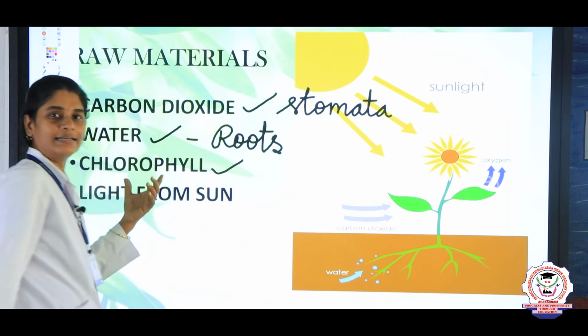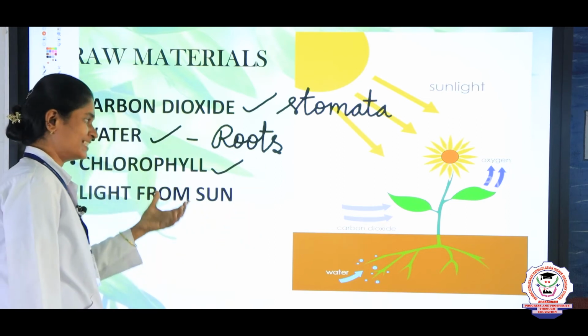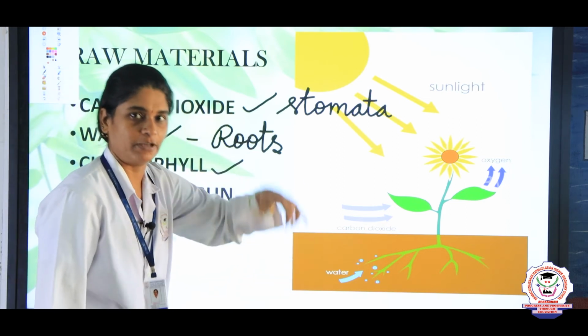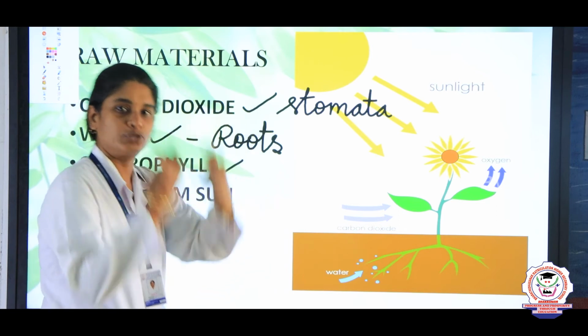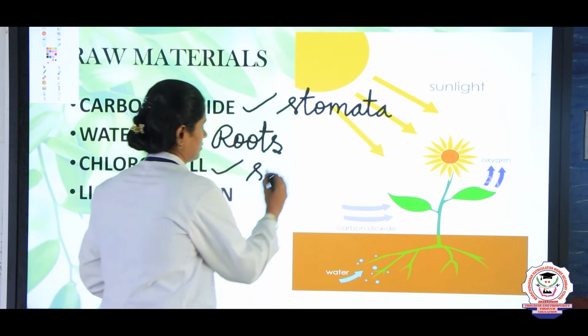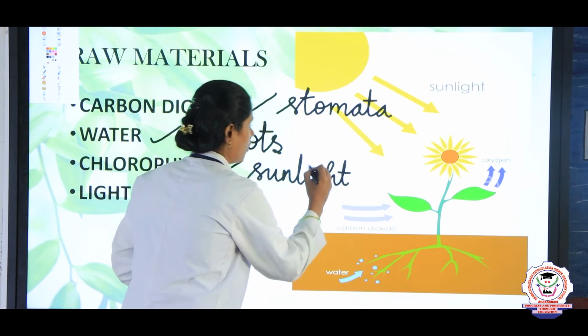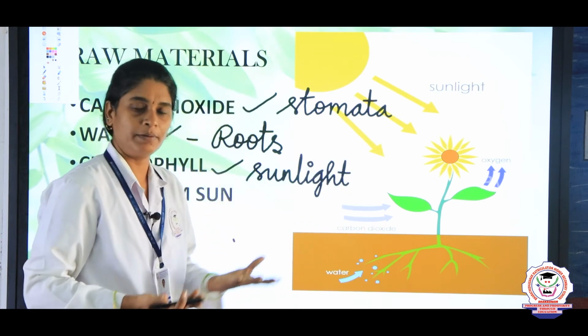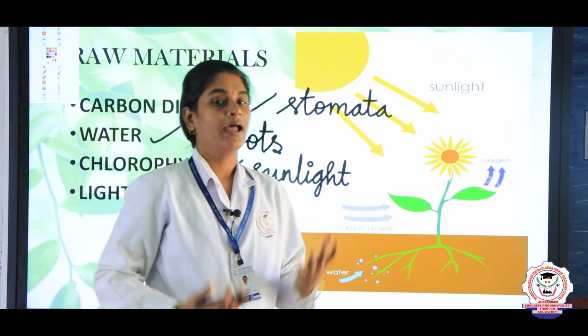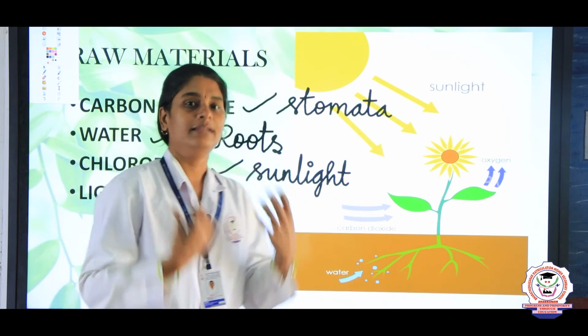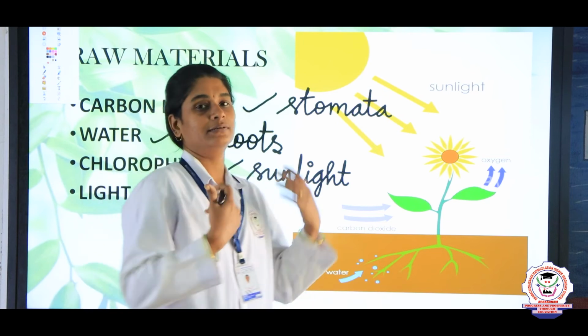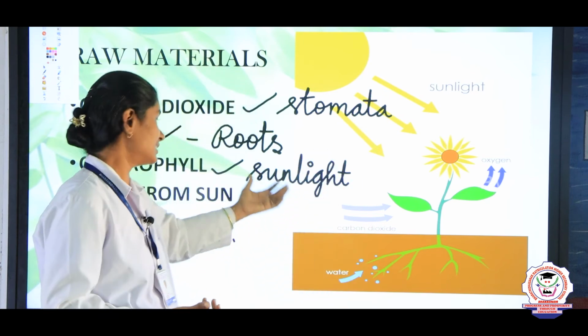The third ingredient is chlorophyll. Chlorophyll is present inside the chloroplast of the leaf cells, and this chlorophyll absorbs the sunlight. So, of course, for all the animals and for all the human beings we need plants, and in the same way plants need soil, water and carbon dioxide as well as sunlight.